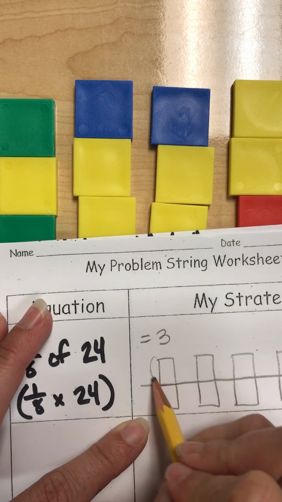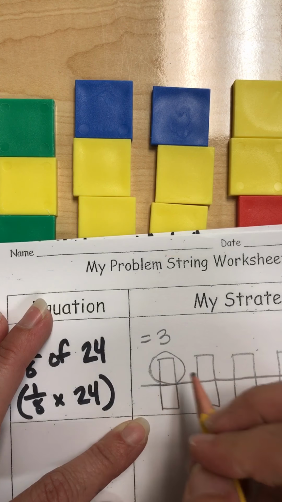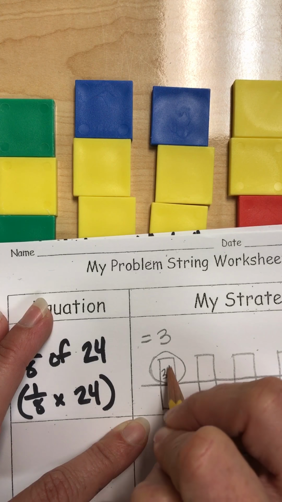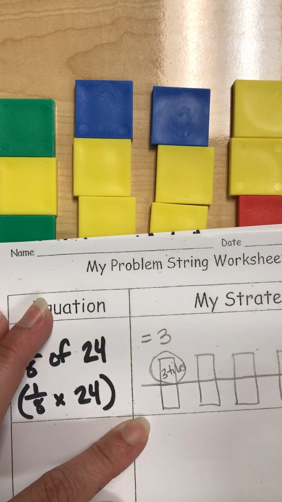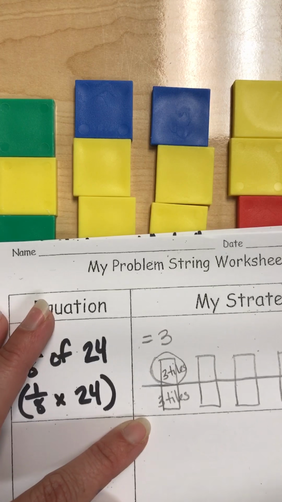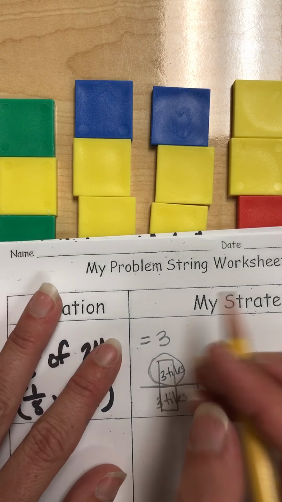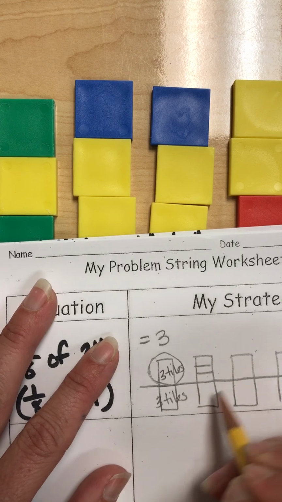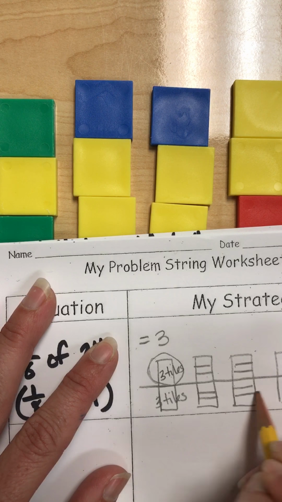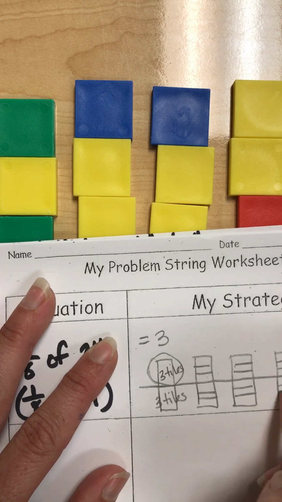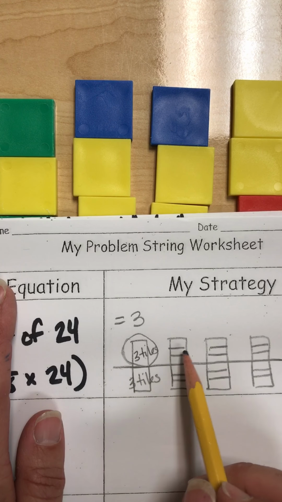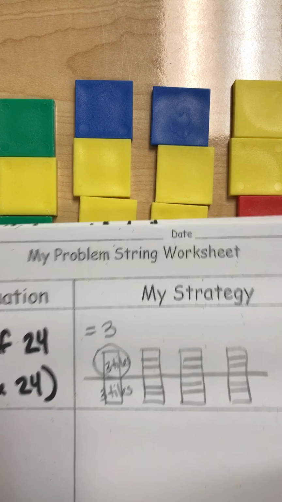So now I have 8 equal groups, and there was 3 tiles in each, all the way across. So I had 3 tiles in my 8 equal groups.